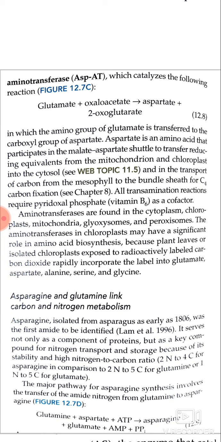The aminotransferases in chloroplast may have a significant role in amino acid biosynthesis because plant leaves or isolated chloroplasts exposed to radioactively labeled carbon dioxide rapidly incorporate the label into glutamate, aspartate, alanine, serine, and glycine.